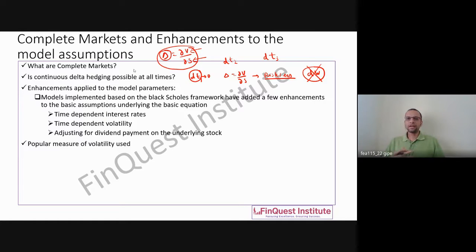Can I create a portfolio which is riskless at different time instances? My dt1 is taken care of. Can I do something similar in dt2 and dt3? This is question one. And the second question is, from a practical trading perspective, would it make sense to continuously delta hedge a portfolio? Would anyone like to attempt either or both of these questions?